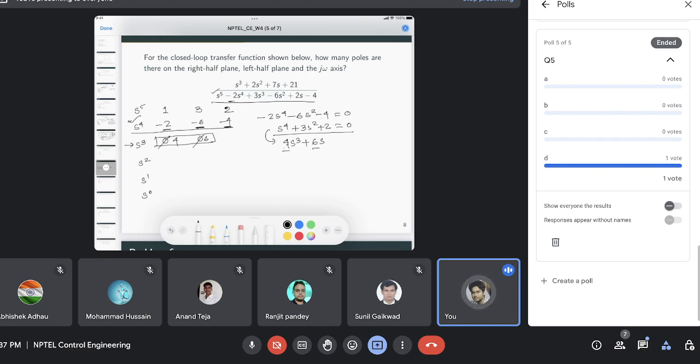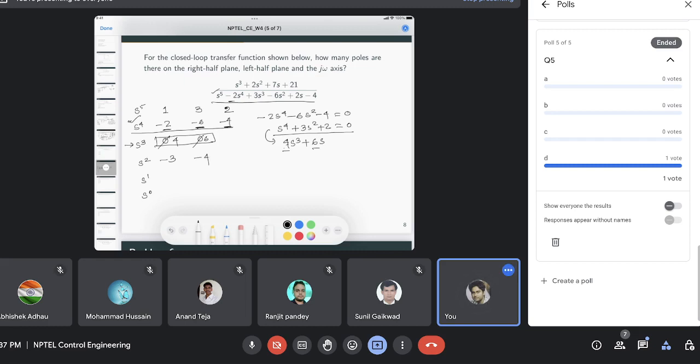Again you complete this table. 4 into -6 gives minus 24, plus 12 equals -12, divided by 4, so we have -3 there. And this is 4 minus 4.